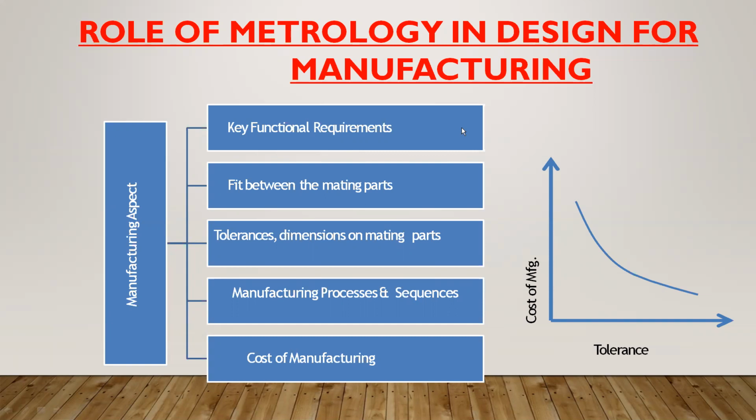So if the quality of the product increases, then the cost of manufacturing also increases. So these are the different key functions for the manufacturing aspect. So that is for the design for manufacturing aspect.